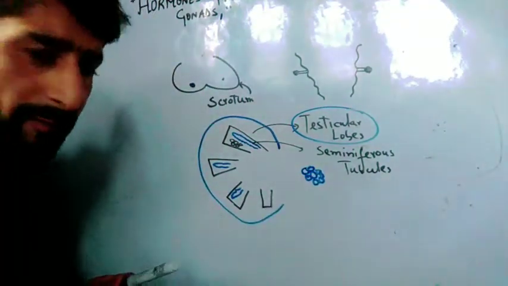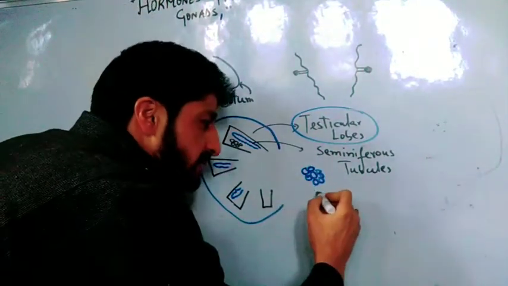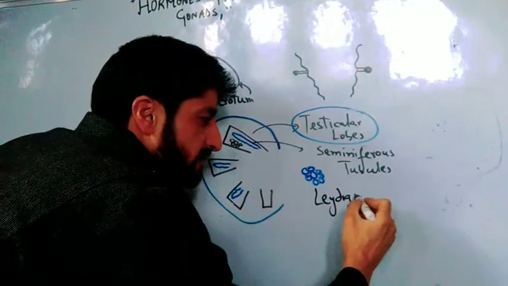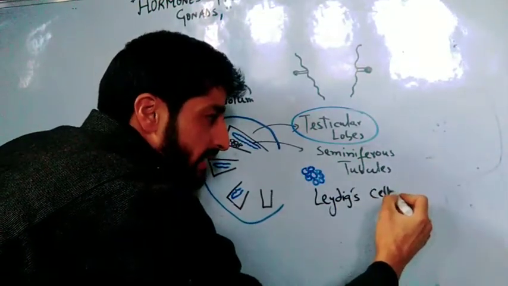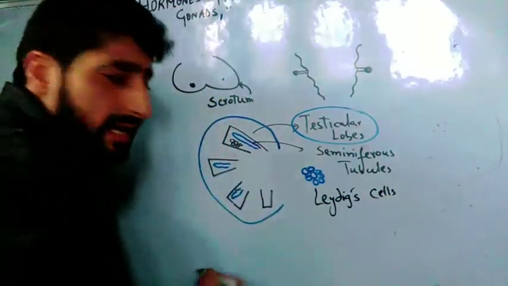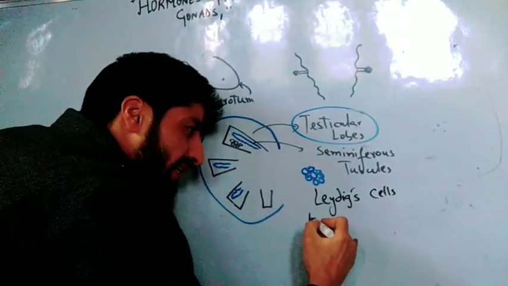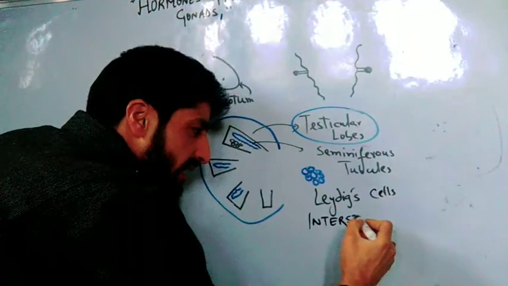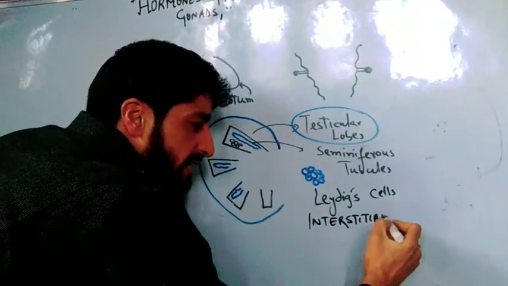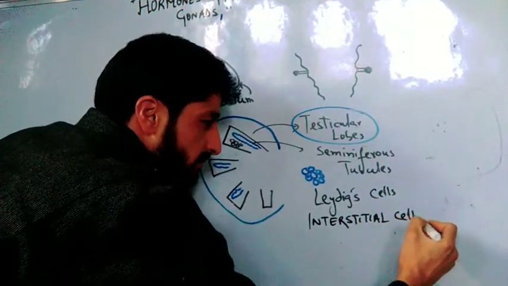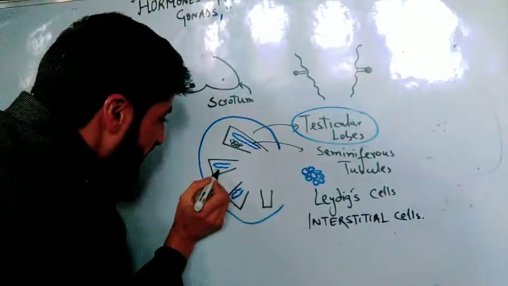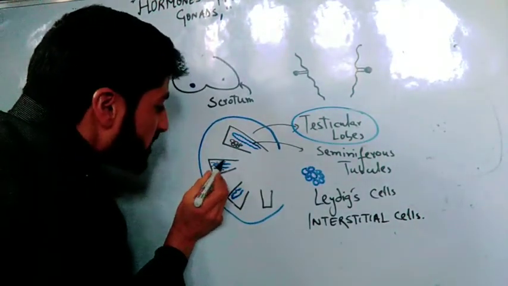This cluster of specialized cells is known as Leydig cells. You should also remember that Leydig cells are also known as interstitial cells, because they are actually located in this area. This area is also known as interstitium.